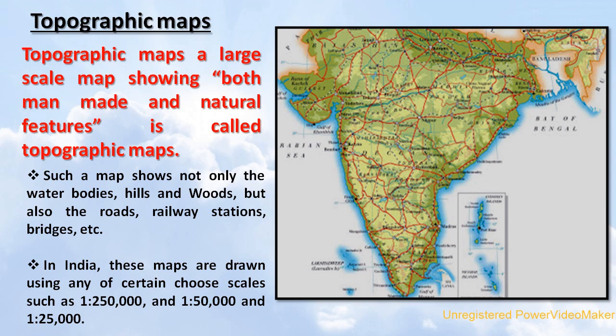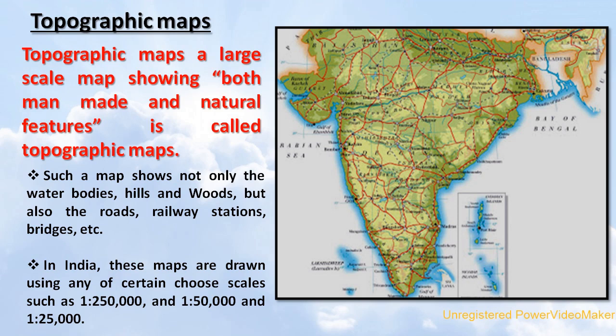The next topic we are going to discuss in this video is topographic maps. What is a topographic map? A large scale map showing both man-made and natural features is called a topographic map.